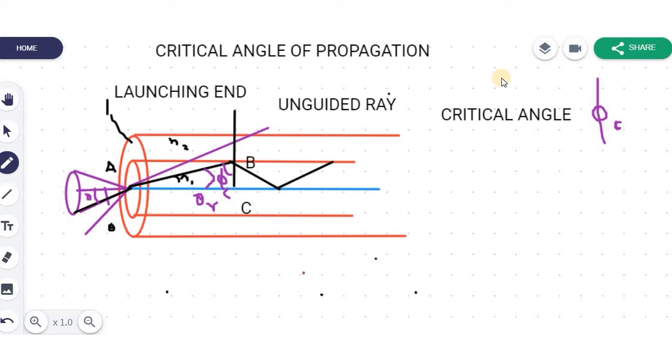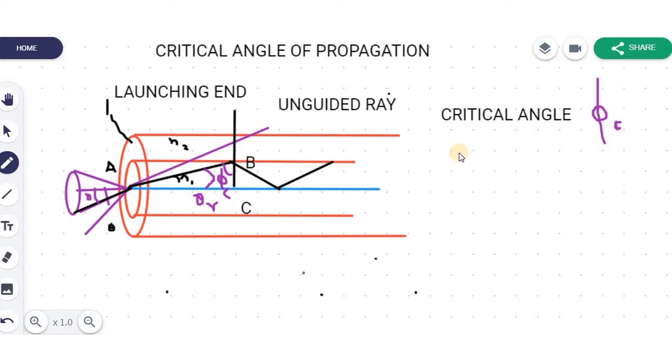So let us assume that the angle of incidence at the core cladding interface is the critical angle phi C, and this critical angle is already given by what? Critical angle phi C is sine inverse N2 by N1. Sine phi C is N2 by N1.